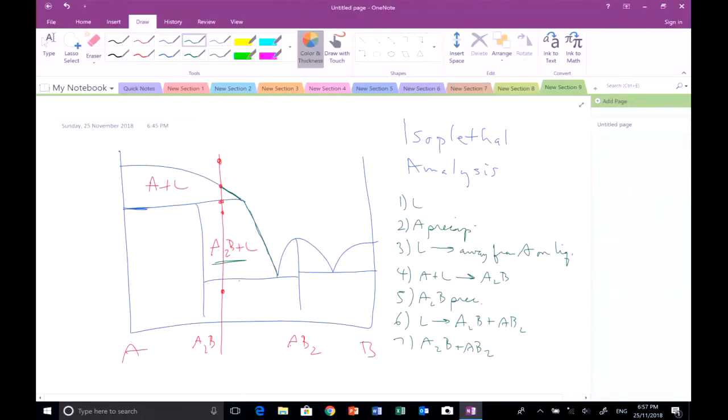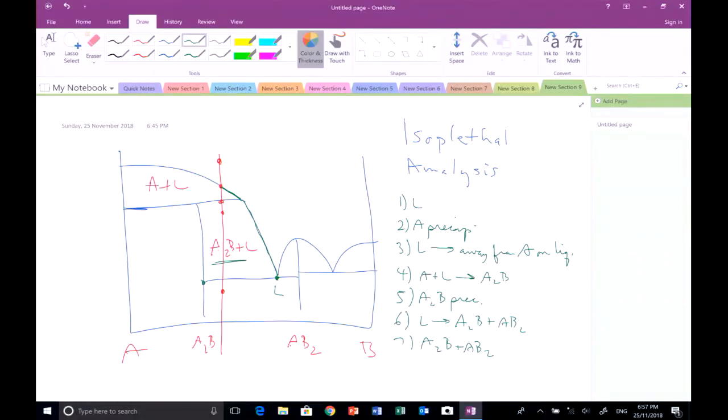It goes from A2B plus liquid to A2B plus. Okay, that's a good question. Here is your liquid. That's actually your lever right there. I gave you the reaction, but the phase assemblage on that line is A2B plus liquid. Okay? So that's what I have at that point.